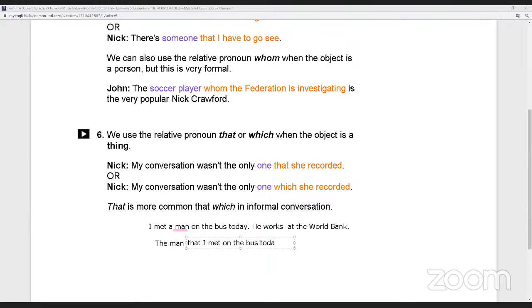We don't have any auxiliary, so we're gonna write as it is in third person: the man works at the World Bank, and that's all. So we have the noun, and then we have more information about the man. We have the relative pronoun, and then we have the adjective clause. So, okay, what else can we say?